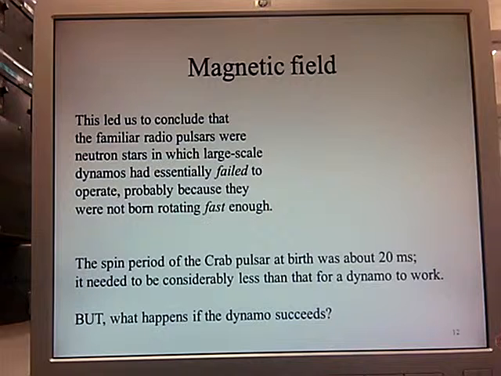It has a period of 20 milliseconds at birth. That is not fast enough to sustain any kind of dynamo action, which is why it falls into the normal category of pulsars. But it's easily conceivable that if we had a star which was rotating faster and then collapsed down and therefore was a much faster rotating neutron star, we could easily reach periods where we can drive that dynamo action.